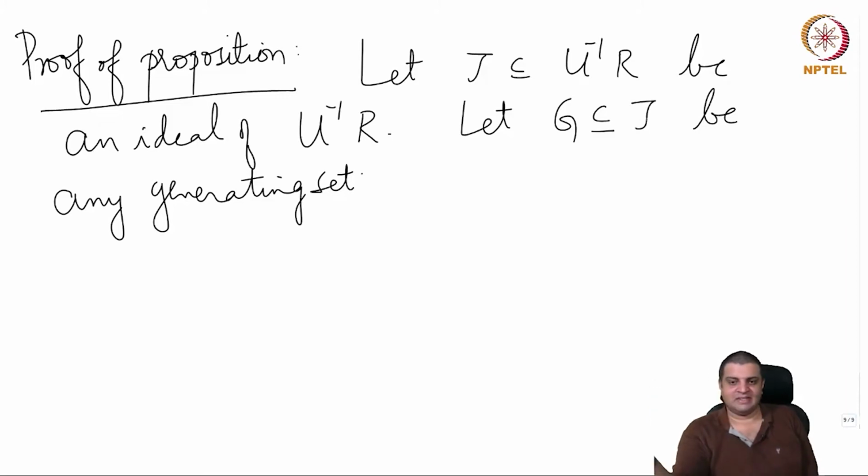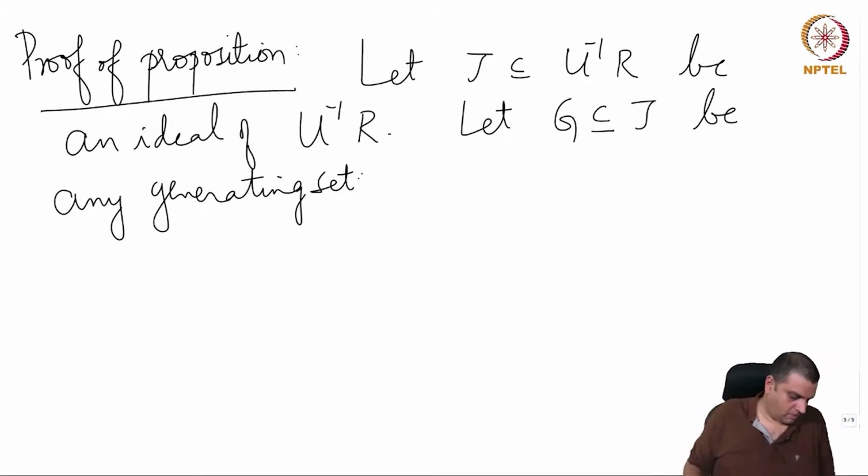J itself is a generating set for J, so one could have just taken J itself. But all I want to say is that the argument works for every generating set. Okay.